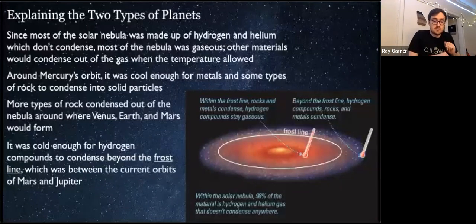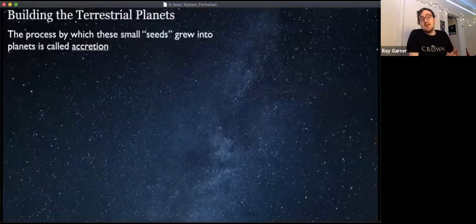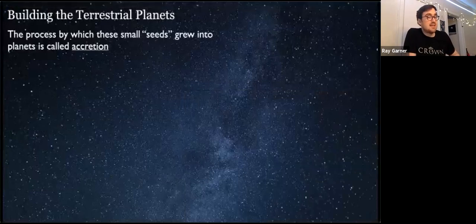So to build the terrestrial planets, they've got to only rely on the metals and rocks. But because there's not much metal or rock in the solar nebula as a whole, the terrestrial planets are going to be very limited in how big they can grow, just because there's not enough material to make them really, really big.